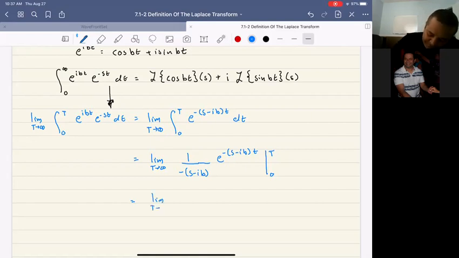As t goes to infinity, just like before, at 0 we're going to get 0, and at capital T, watch what happens. I'm going to write this as 1 over s minus ib times 1 minus e to the minus st, e to the ib capital T.